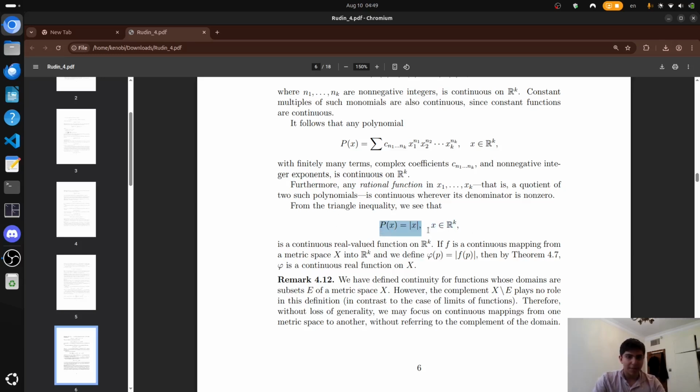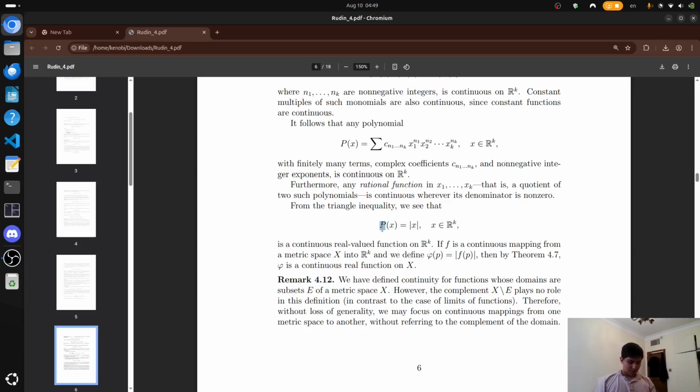And phi of x equals the absolute value of x is a continuous real valued function. This is from the triangle inequality, right? Because the absolute value of the absolute value of x minus the absolute value of y is less than or equal to the absolute value of x minus y.